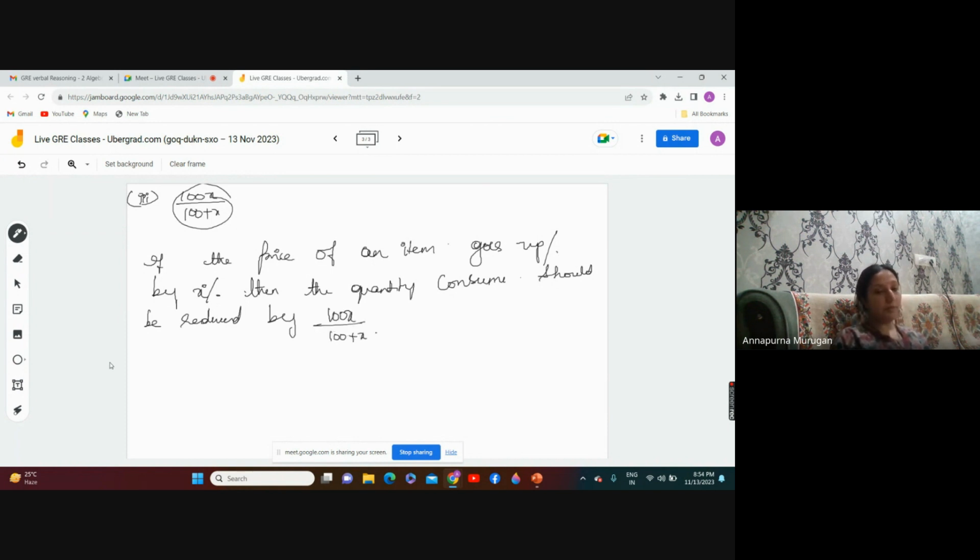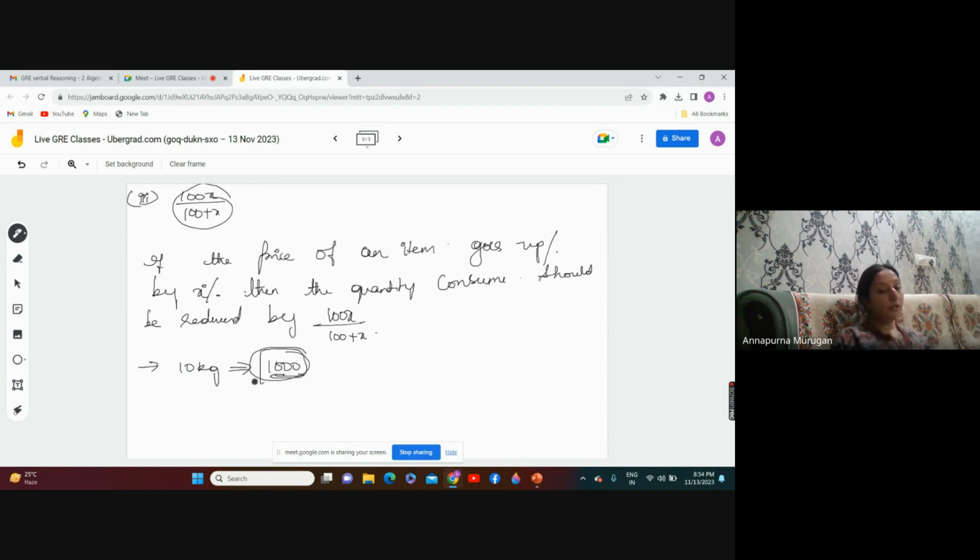For example, we consume 10 kgs of sugar, which is 1,000 rupees. So we consume 10 kg of sugar and our budget is 1,000 rupees.